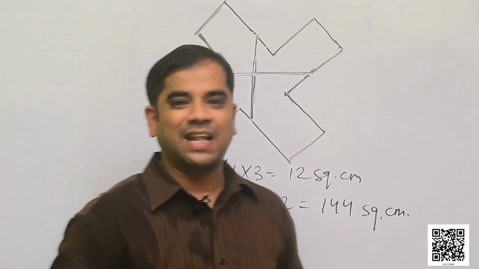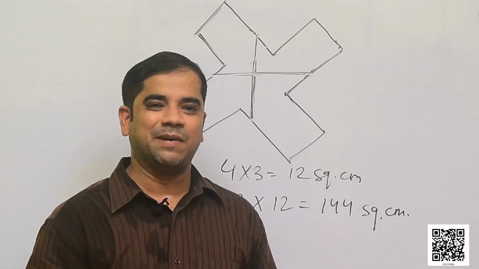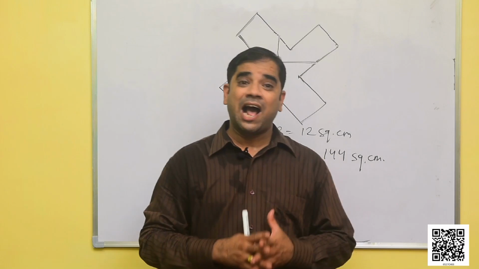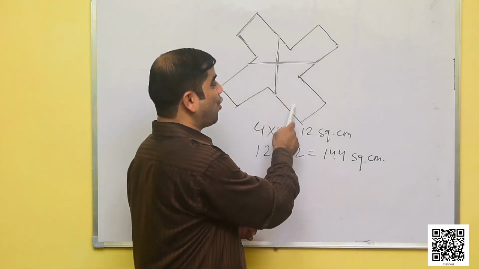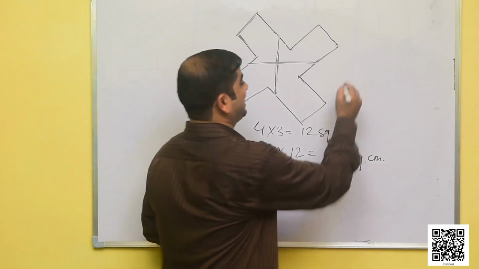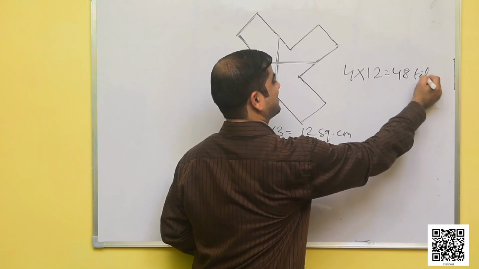So the shape that Ziri has created has 144 square centimeter of area. So in total how many tiles has she used? She has used 4 into 12, that is 48 tiles.